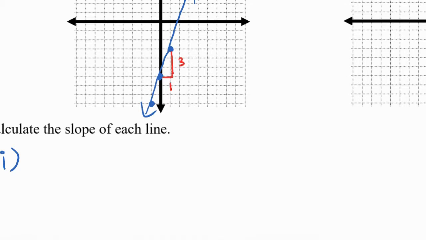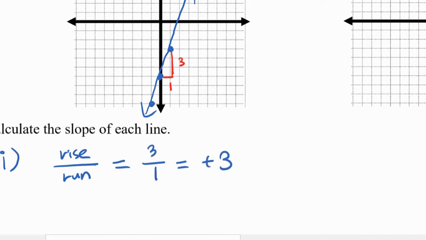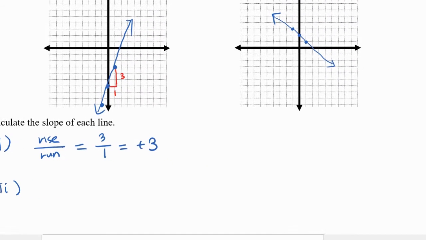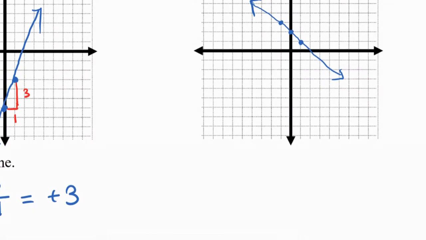So for number 1, rise over run should be 3 over 1. It's positive. Number 2, rise is negative 1, it's going down.